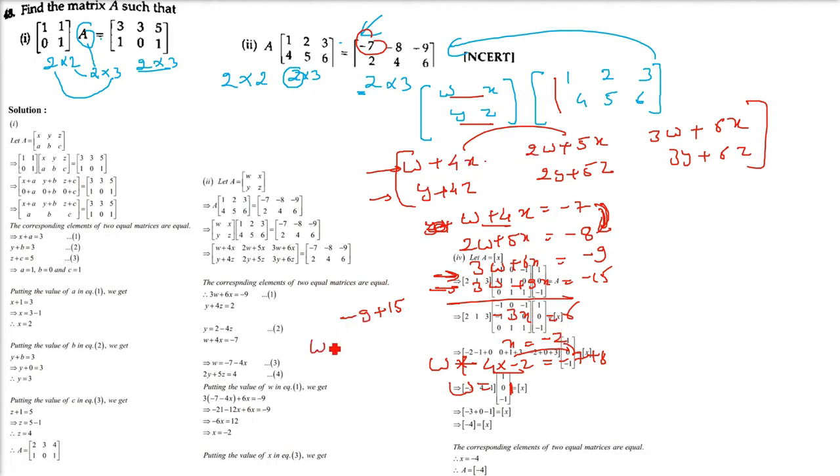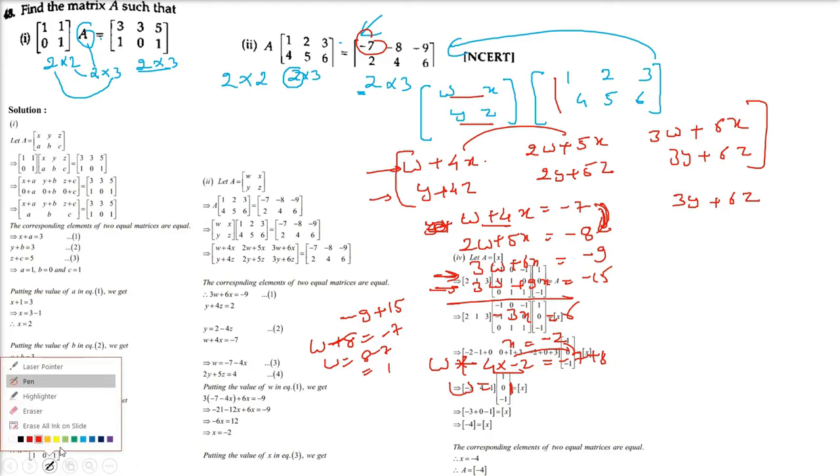This is one of the ways. Right? So I'm just rechecking it, and this is what you get. Now coming to the second row, that is 3Y plus 6Z, and this is equal to 6. That is, I'm writing the third equation. This is equal to 6.